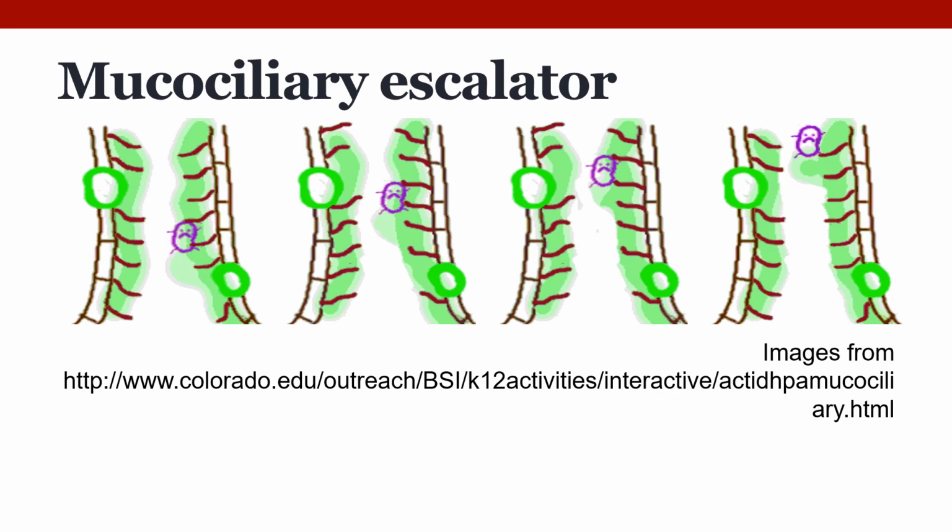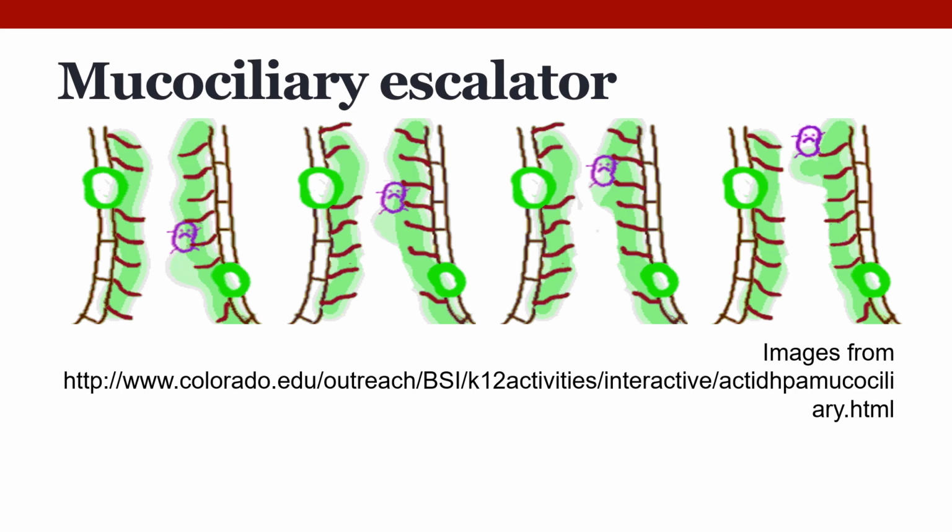We mentioned cilia. Almost all of your airways, down until you hit those respiratory bronchioles, are ciliated, and the combination of mucus and cilia creates a phenomenon called the mucociliary escalator.